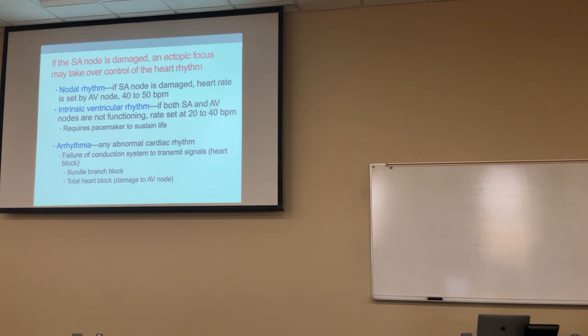All right, now another problem that can occur is if a person has a myocardial infarction, which is a heart attack, in the part of the right atrium that contains the SA node. If that were to happen, then the SA node may not function properly, and an ectopic focus might take over control of the heart rhythm, which would cause the heart rate to be a lot slower.